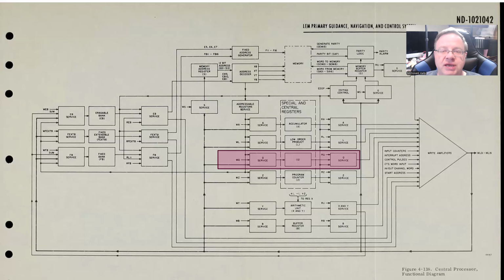And likewise, it can push data out into those channel registers in order to display numbers on the keyboard, for example. And this is how all of the I/O and integration with the spacecraft works.